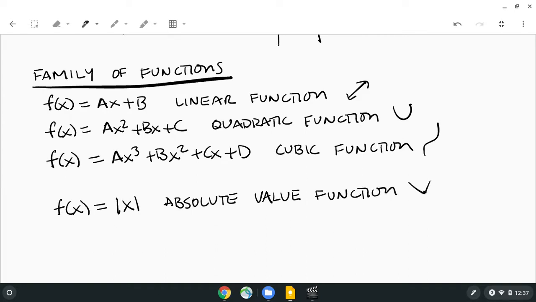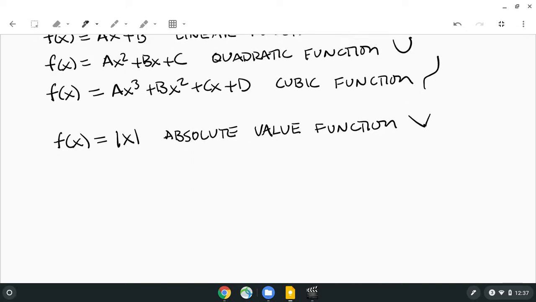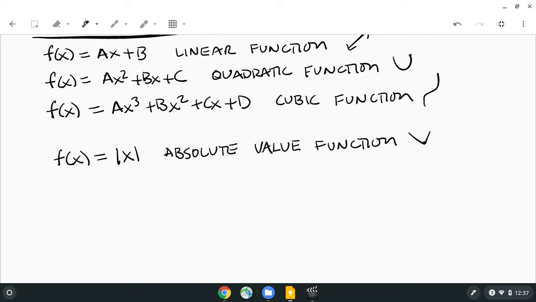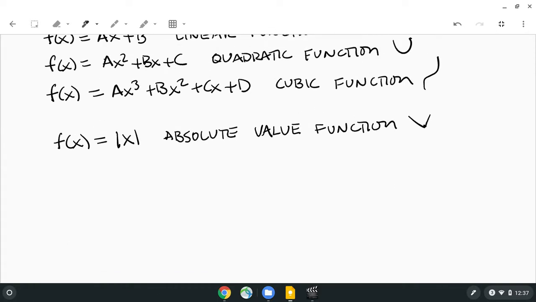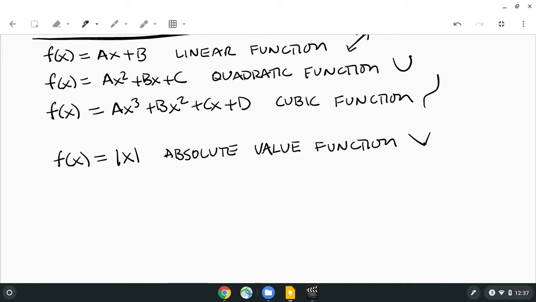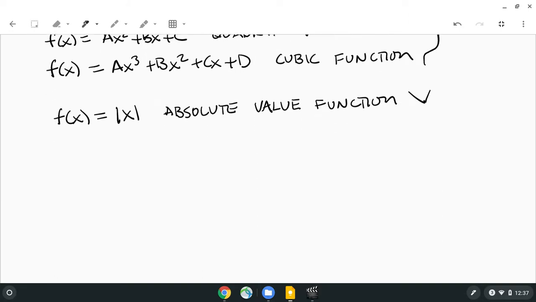So those are our basic functions that we are looking at here. And that's just like with linear equations, looking at it in standard form versus slope-intercept form. So these are just the standard form of the polynomials.